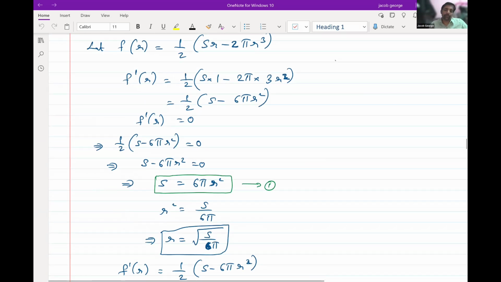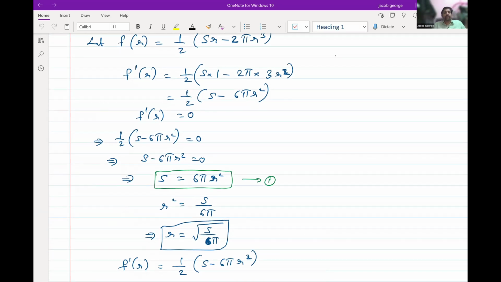So half into s minus 6 pi r square is equal to 0, or s minus 6 pi r square is equal to 0, or we get s is equal to 6 pi r square, equation number 1.